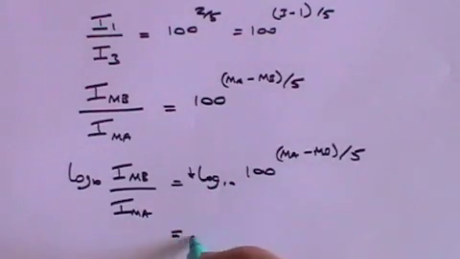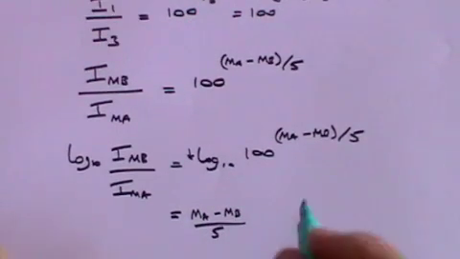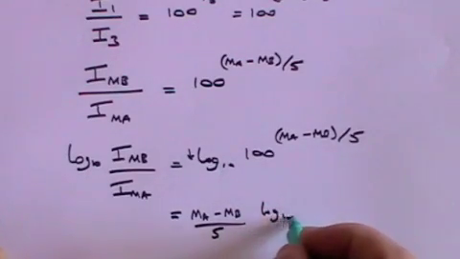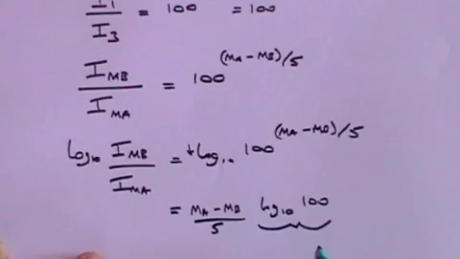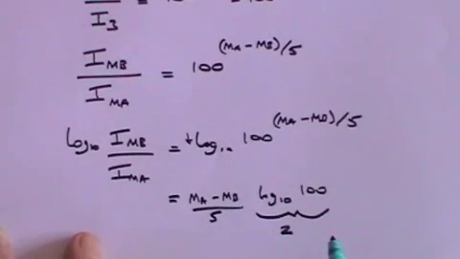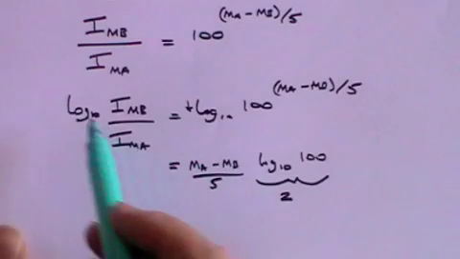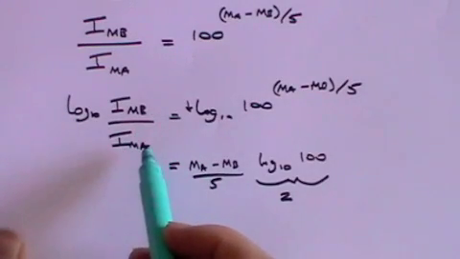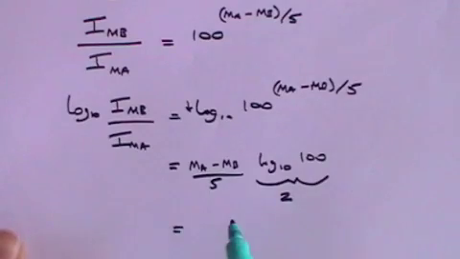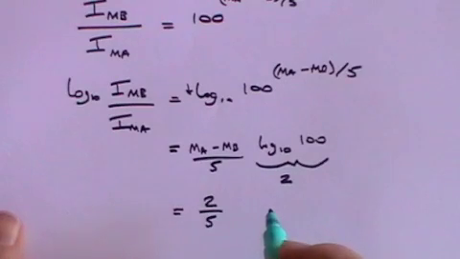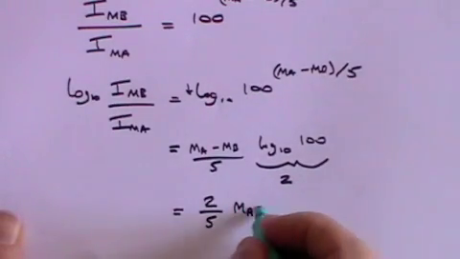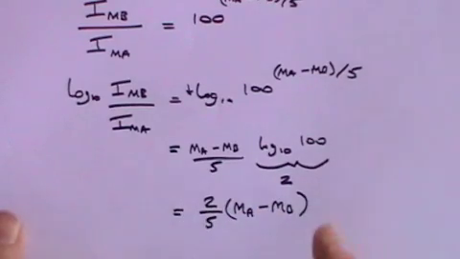So that equals (MA minus MB) divided by 5 times the log to the base 10 of 100. But the log to the base 10 of 100 is of course simply 2. And so consequently, the log of IB divided by IA is equal to 2 divided by 5 times (MA minus MB).